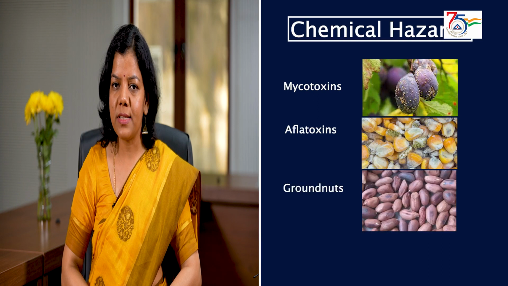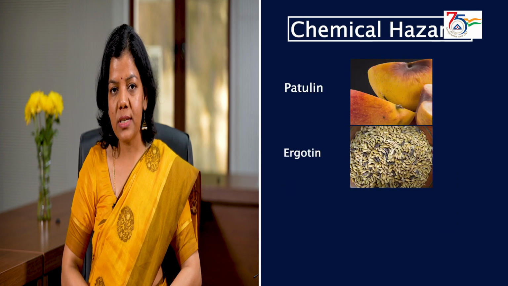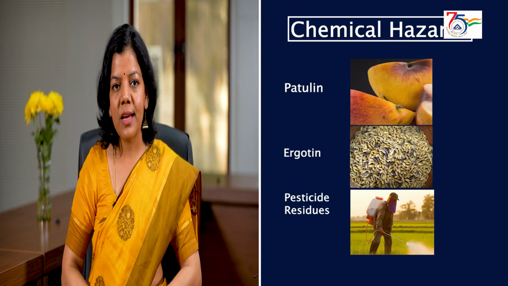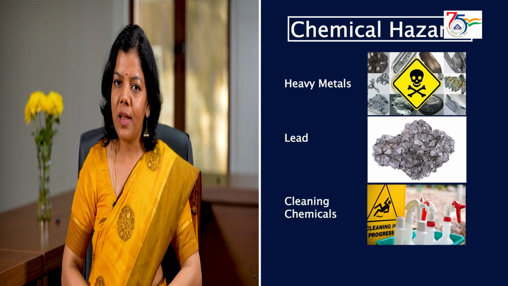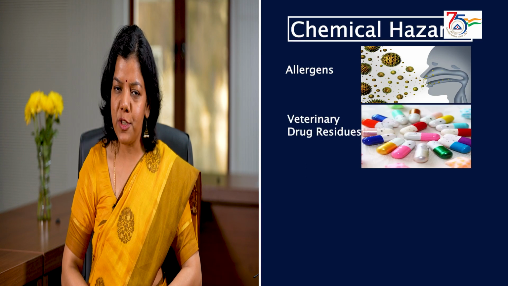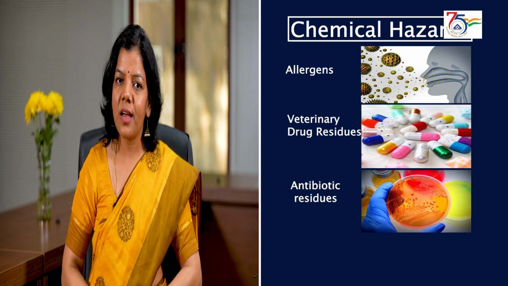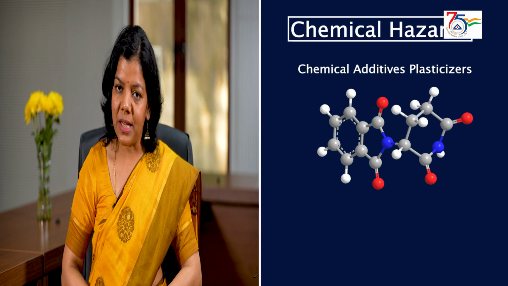Chemical hazards include mycotoxins like aflatoxins in groundnuts, botulin, ergotin, pesticide residues, heavy metals like arsenic, lead, cleaning chemicals, allergens, veterinary drug residues, antibiotic residues, chemical additives, plasticizers, other toxic materials, etc.